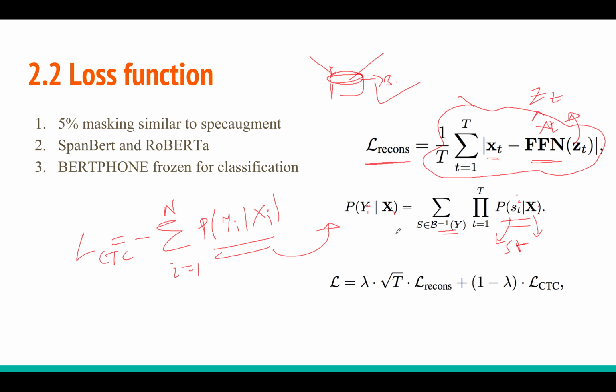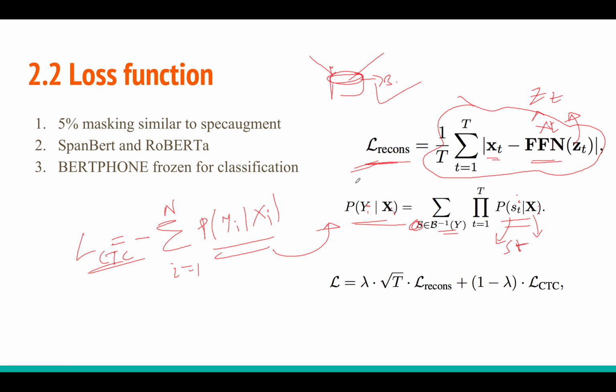So you append some blank symbols and repeat the same symbols, and then you get a new S, which is the input aligned, and you can compute this very easily. And once you get the probability of Y given X, you sum over all the data, and then you apply the negative, and you get the CTC loss.